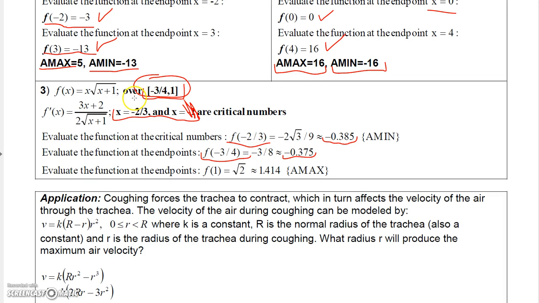And if I evaluate it at the other endpoint, 1, I got square root of 2, which is about 1.414. So the smallest of these three values is -0.385, which would be the absolute minimum. And the absolute maximum would be the largest of these three values, which, these are just approximations, is 1.414.